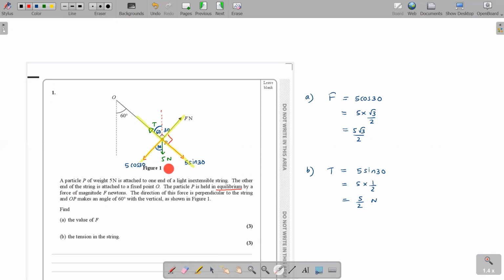For example, this 5 newton force was not on these two axes, so I resolved the 5 newton. Then along the y-axis, the perpendicular line, I take the equilibrium, and along the plane, along the OP line, I take the equilibrium. That's the easiest way to get this sum done. Is that clear? Okay, let's move to the next one.